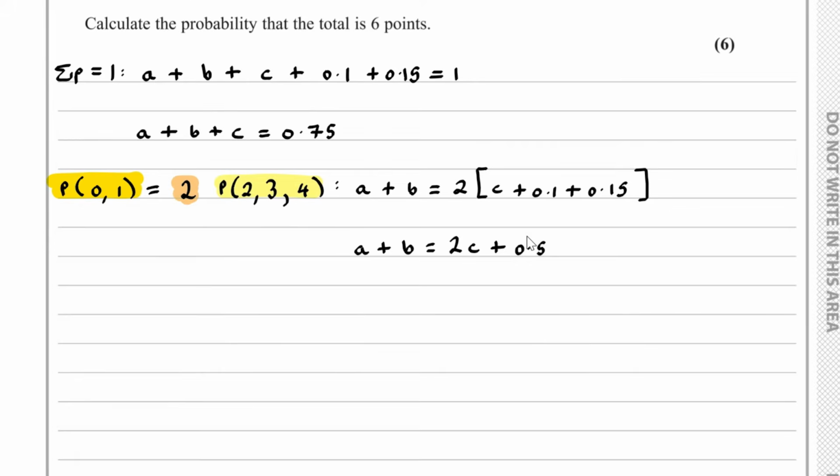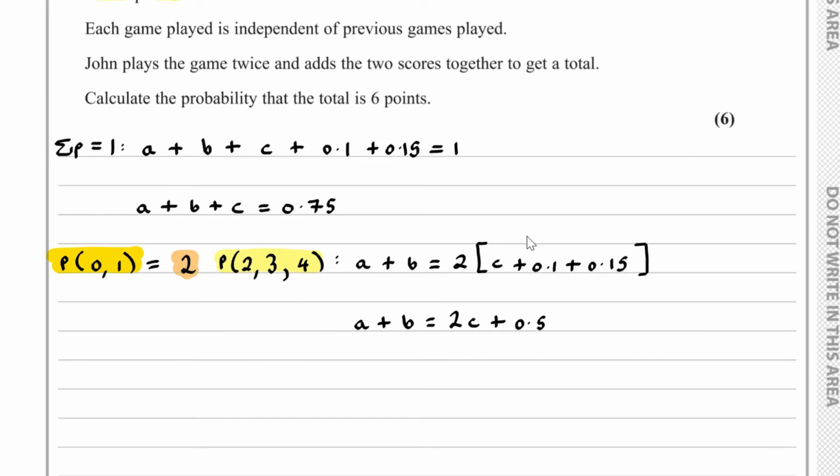However, if we solve these equations simultaneously, if I call this equation 1 and this equation 2, we can substitute equation 2 into equation 1. You'd see over here A plus B is equal to 2C plus 0.5.